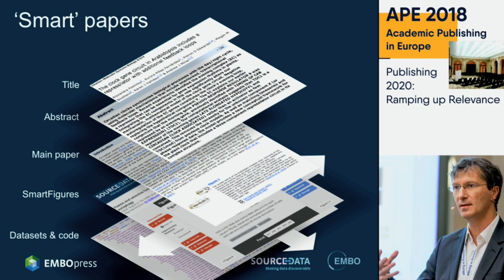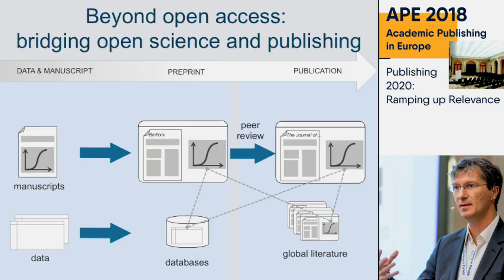To this sort of vertical integration, we want also to add a horizontal integration, if you wish, by connecting the related pieces of content across the literature, and especially at the level of data, so that users can really explore the surroundings of a paper and find related data, related experiments, related results in a very easy way.